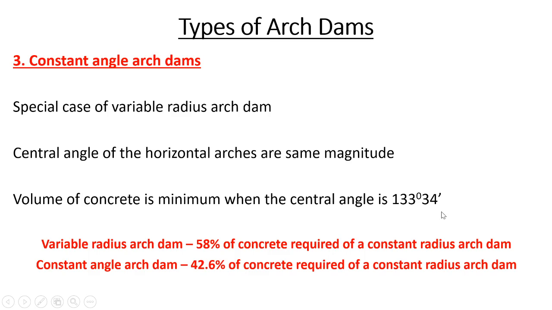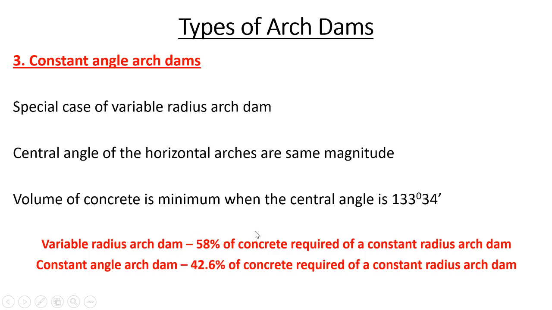So a constant angle arch dam is a type of variable radius arch dam with constant angle, and for minimum volume of concrete, that constant angle should be 133 degree 34 minute.